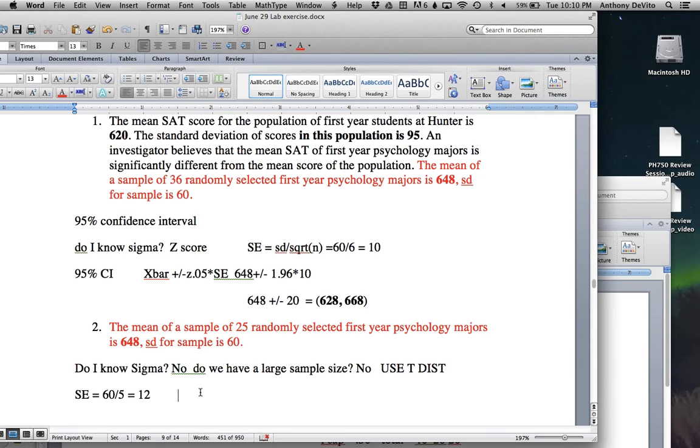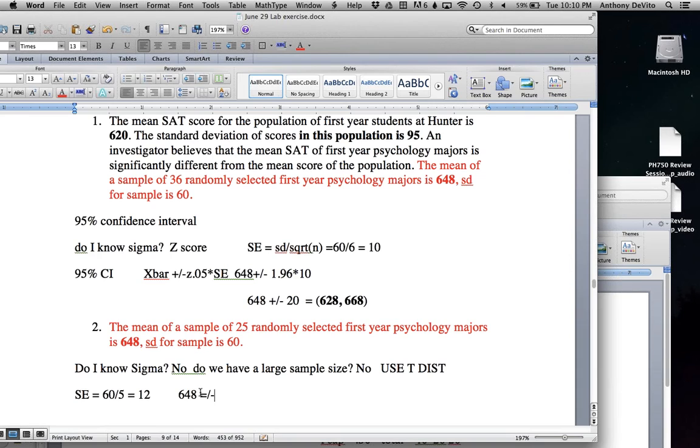When we calculate our confidence interval now, it's going to be x bar, which is 648 again, plus or minus. Now I have to come up with, instead of my z-score, a t-score.